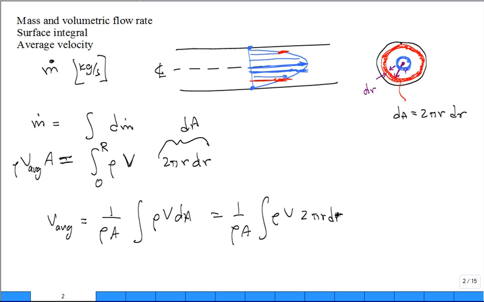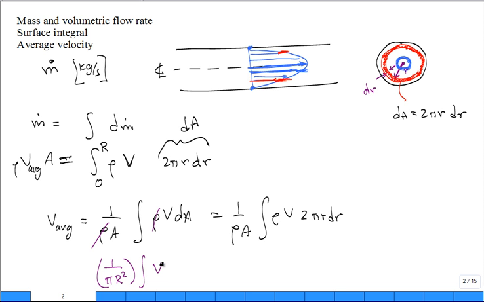So what we have, if the density isn't different from the inside to the outside at that cross section of the pipe, the densities cancel. But this area, 1 over the area, is 2 pi. No, pi r squared. Pi r squared is the area.